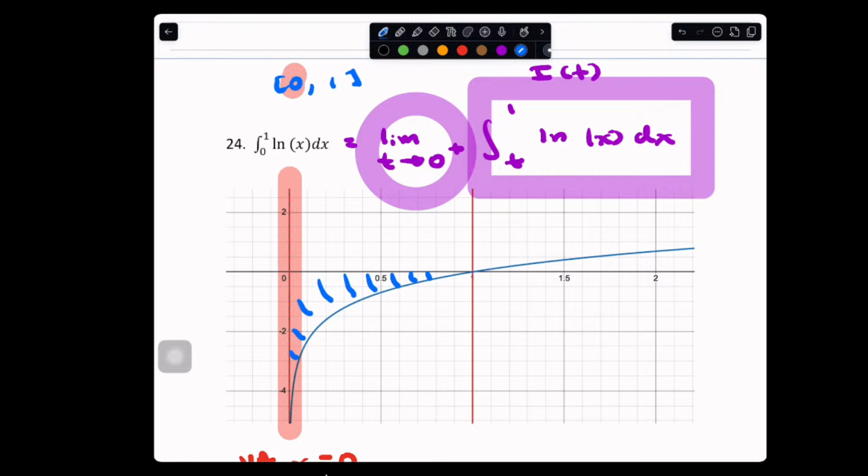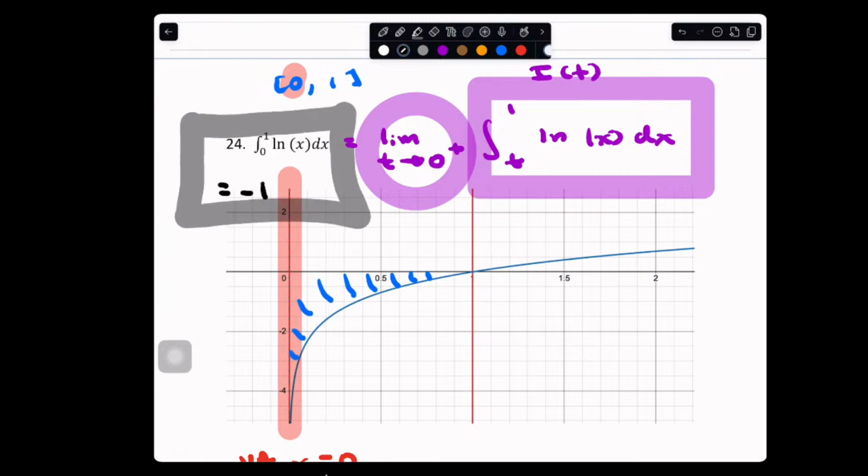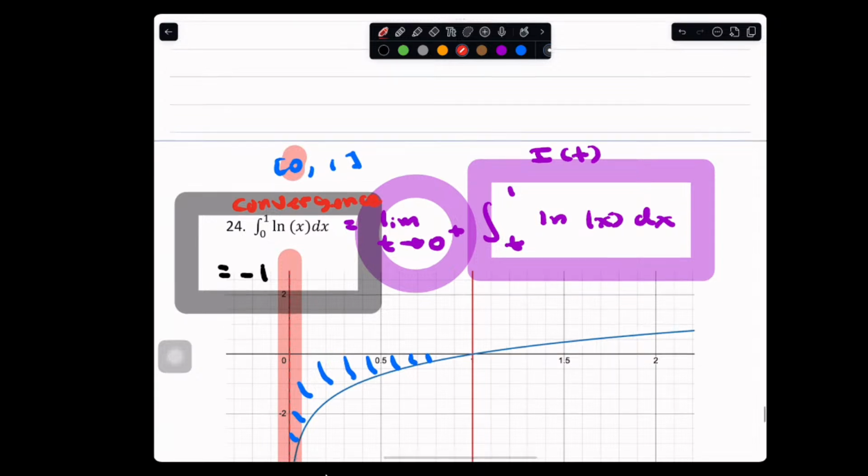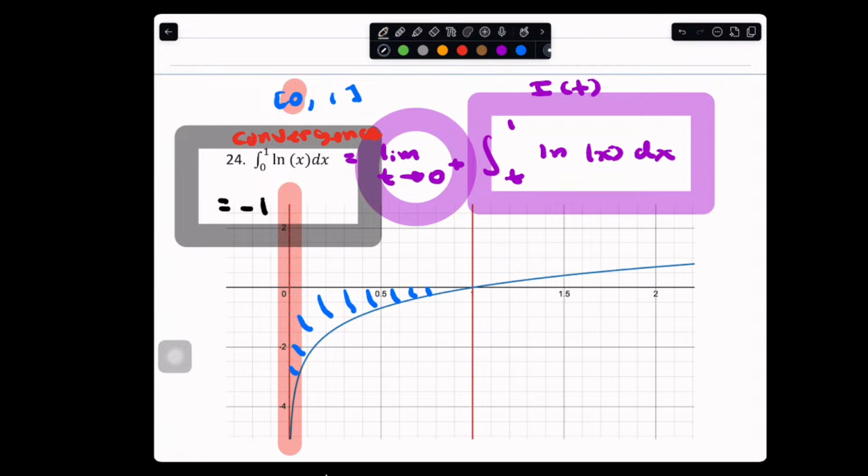It's the value -1. So this equals -1 here. And -1 is a nice finite value. This number is finite. So that means we have convergence for our improper integral. This converges. And this area here is the value -1.